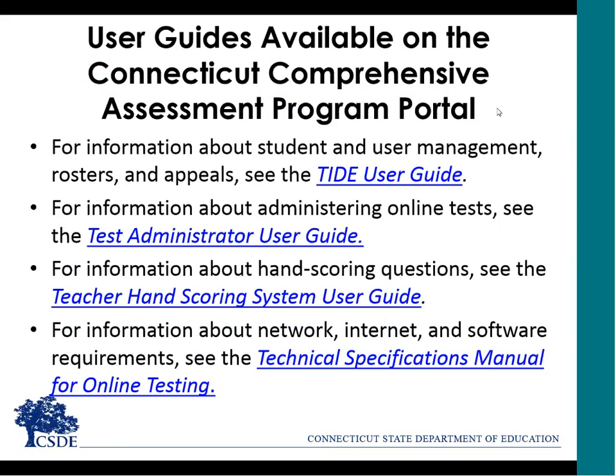For information about any online tests, look at the test administration user guide. If you need help with hand scoring questions, you can see the teacher hand scoring system user guide. And for information about network, internet, or software requirements, try the technical specifications manual for online testing.